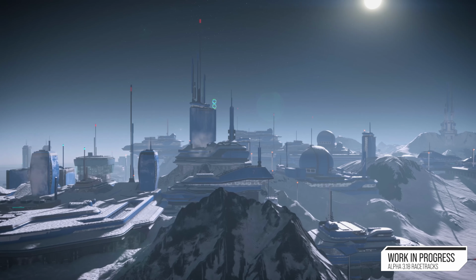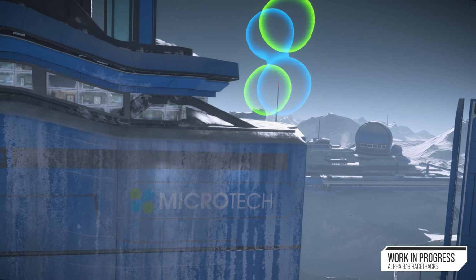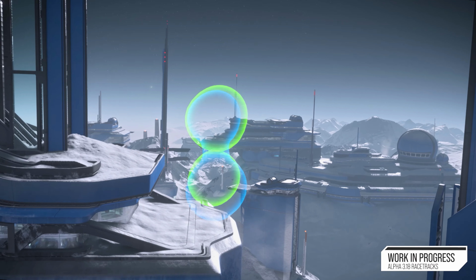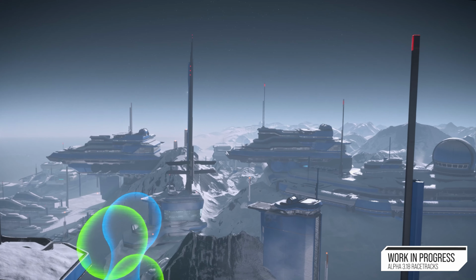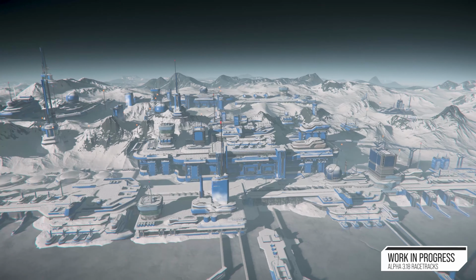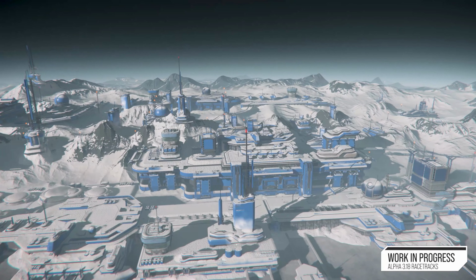It's called Icebreaker. I believe it was actually from the community originally. And what we did is we took that initial barebone structure and we basically created, using the Microtech prefabs and assets, a little research facility base.